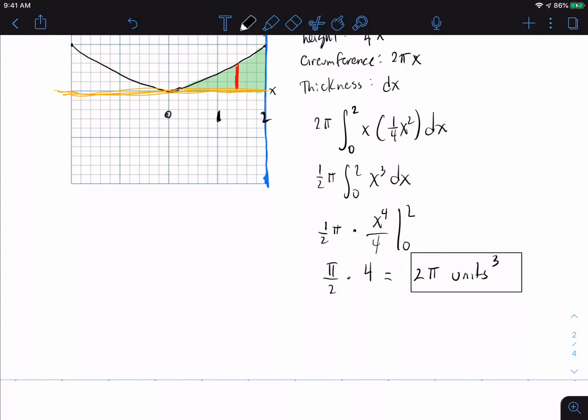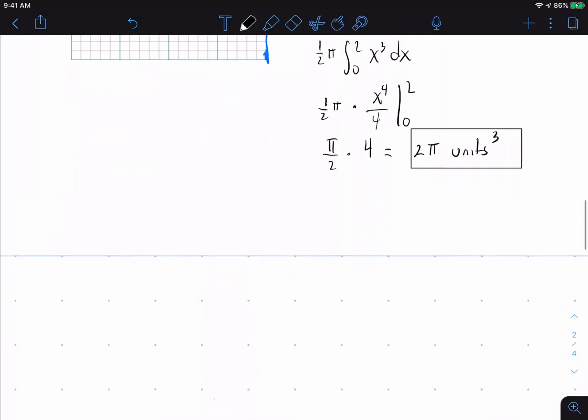Okay, now I want to be able to check this problem. So I want to do it with the washer method just to make sure that I'm getting the right answer. I'm going to do that same problem, but I'm going to use the washer method.